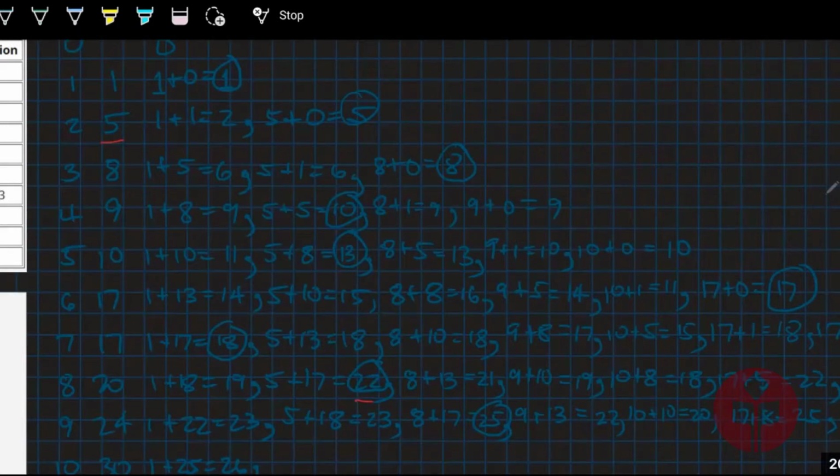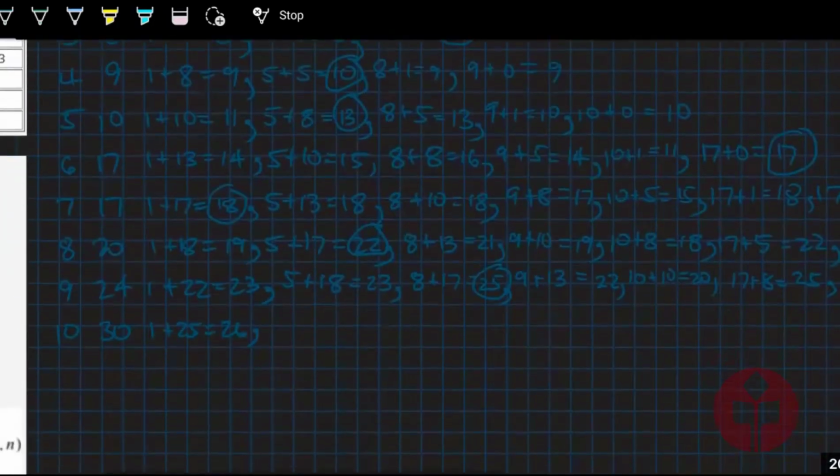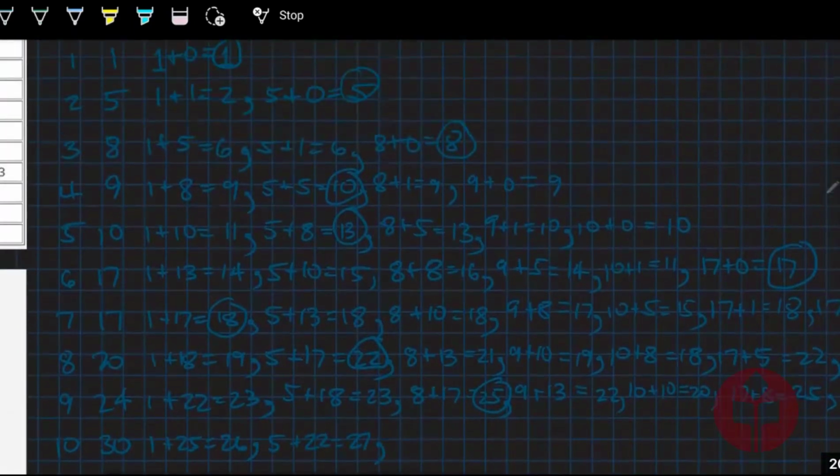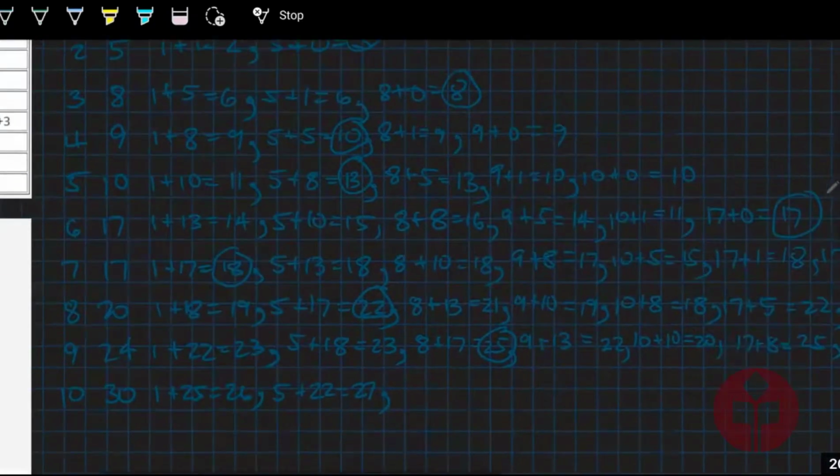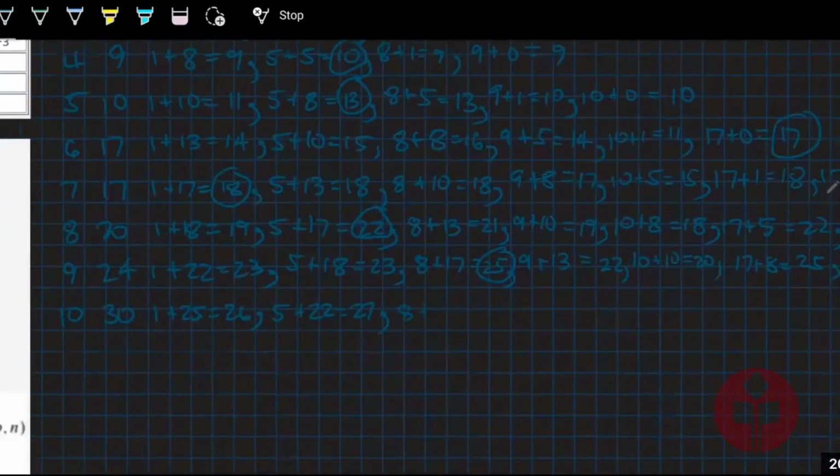So that's for the second sum that we're calculating. So we have 5 plus 22, right? Third, we have 8 and 18. So third is 8 plus 18, 26.